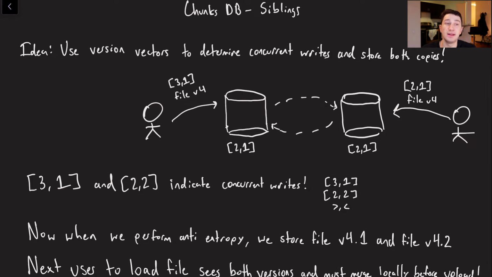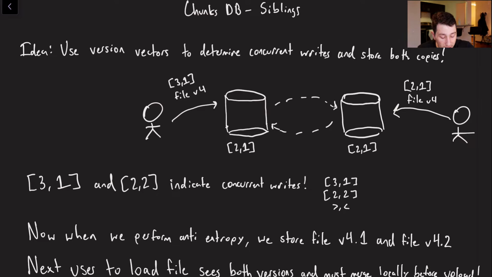So same partition, but it could be two different leaders. And if we're able to detect the fact that they are concurrent, we can store both of those writes at the same time, and then a future user who loads that file will be able to load them locally, merge them, and then upload just one singular version for the next iteration.